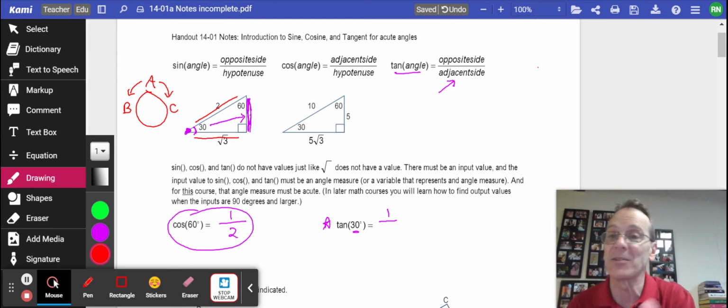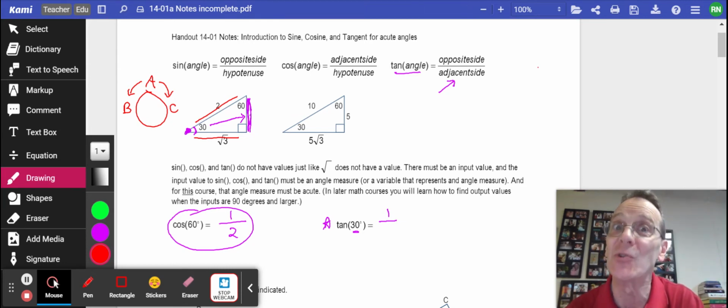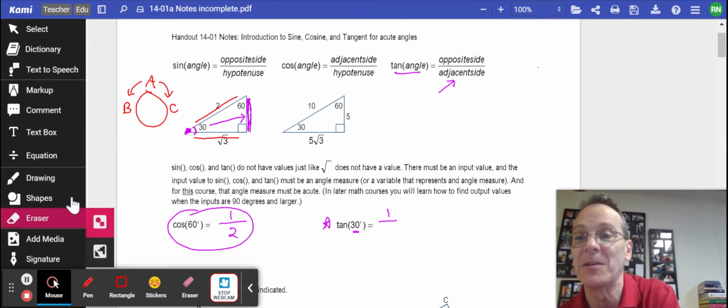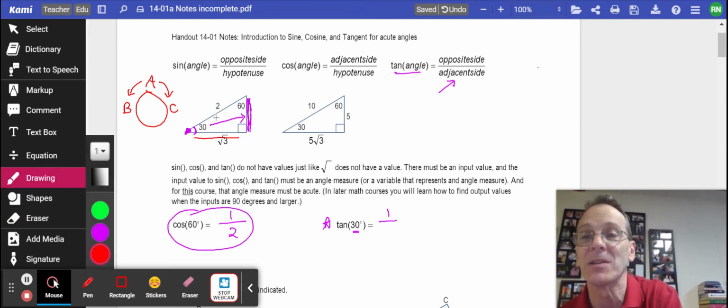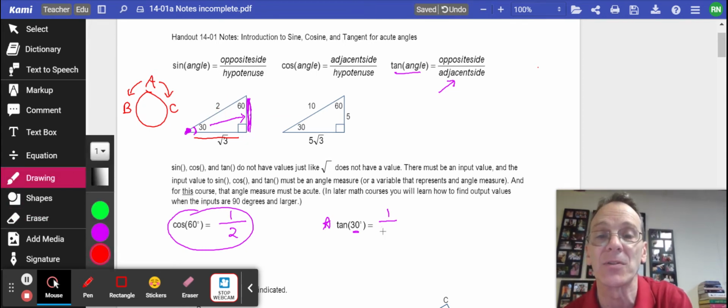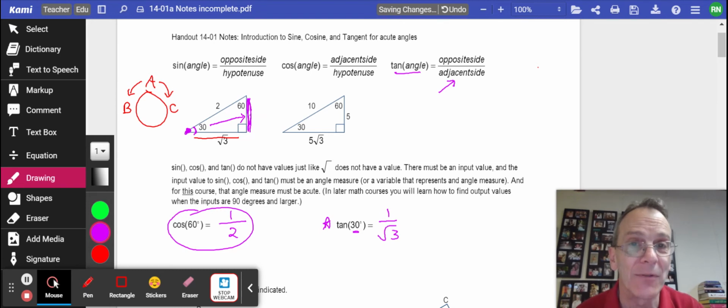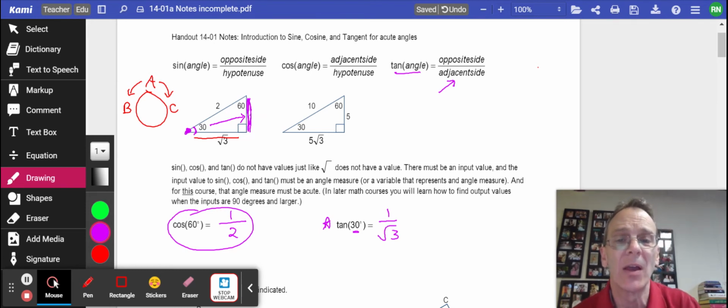If you've been paying attention, you know the 2 is not the adjacent side because the 2 is the hypotenuse. Okay, and so the adjacent side here is the square root of 3. And there is a perfectly accurate value for the tangent of 30 degrees.